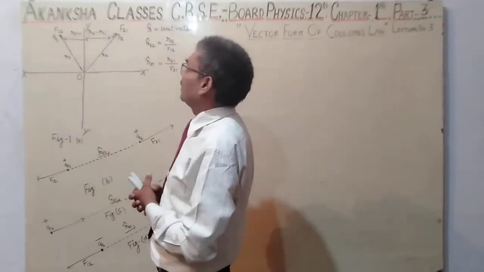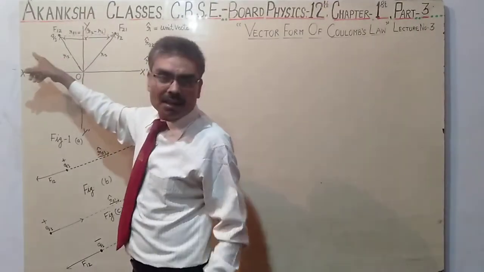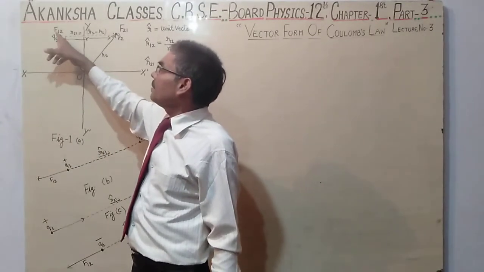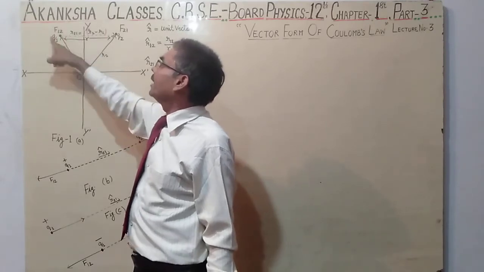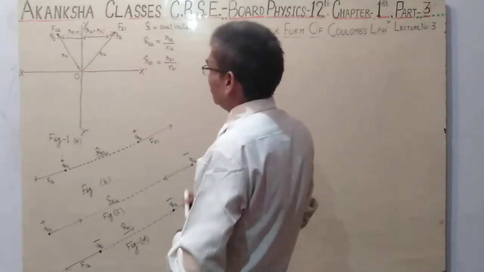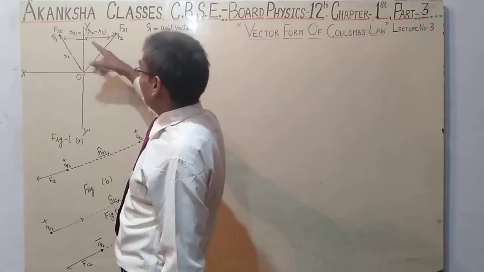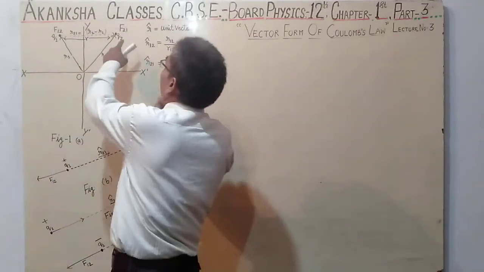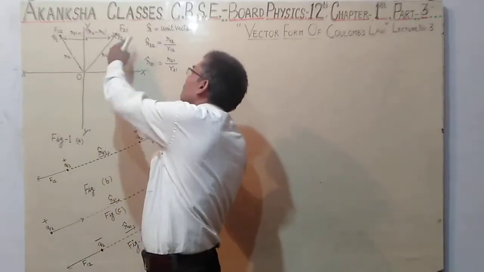A force is exerted by charge 2 that is acting on charge 1, and is represented by force exerted by charge 2 acting on charge 1. In the same way, force will also be exerted by 1 on charge 2.